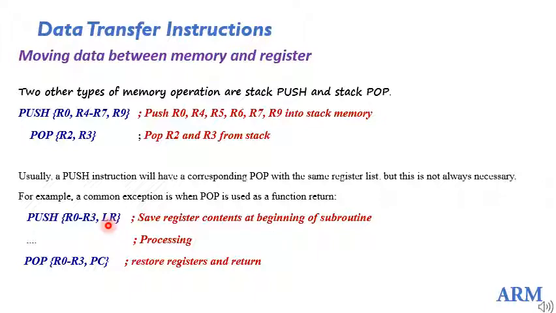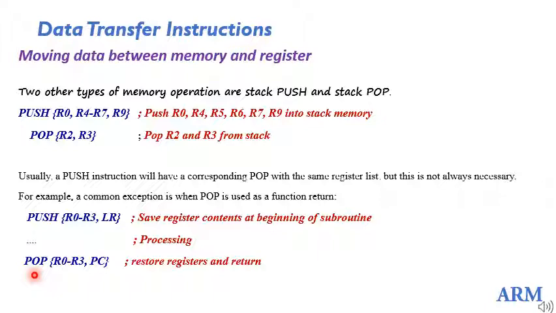So link register will always hold the return address after the subroutine call. So here I have a push instruction R0 to R3 comma LR. In between I have the subroutine processing done, and at the end I need to pop these same values to their corresponding places, right?